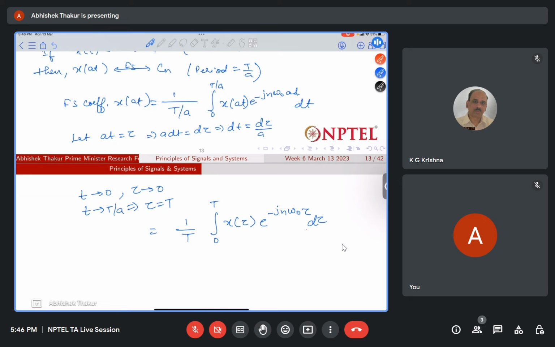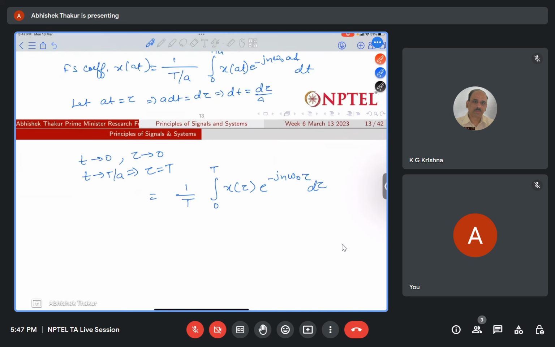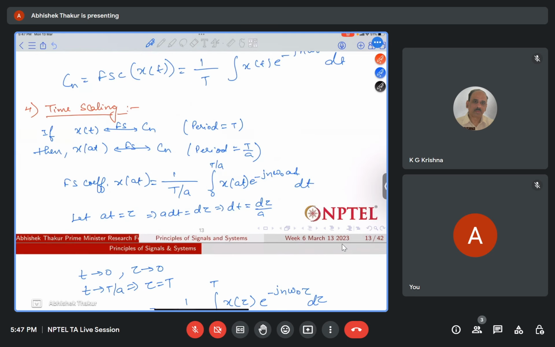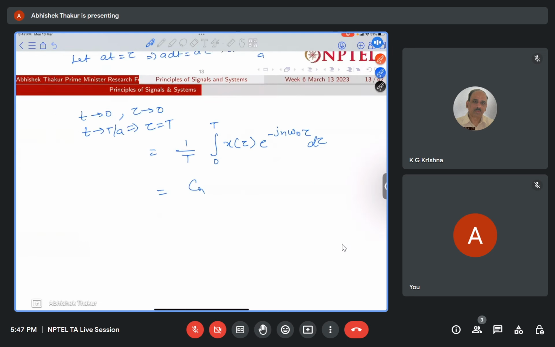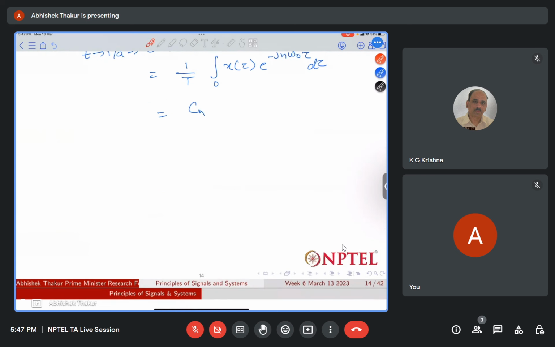So d tau by a will come here, but here T by a is also there, so this a and a will get cancelled. And we know that this is equal to Cn. So in time scaling it will be Cn only.